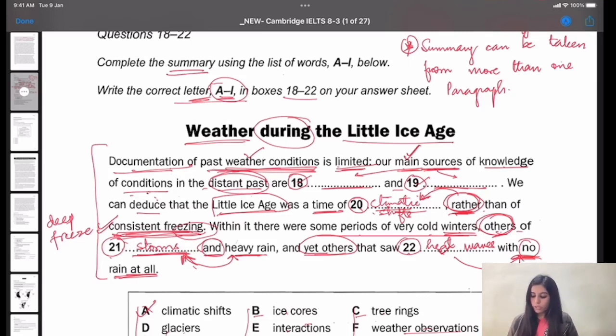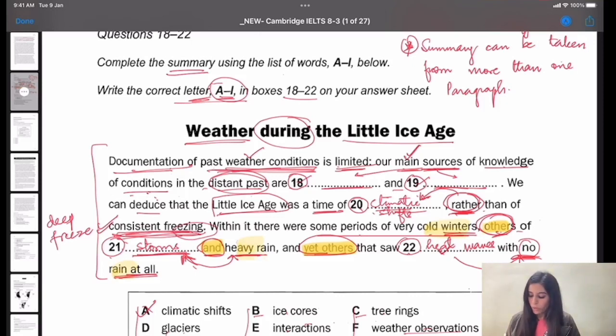So please look out for keywords like, I'll just highlight it, and yet others. Yet others means that there's a transition. Now they're not going to talk about rain. They're going to talk about heat waves or something that's contrasting. Here again they've used others, which means they'll not be talking about winters again. They've spoken about winters here, then they have spoken about rains here, then they have finally spoken about conditions where there is no rain at all.